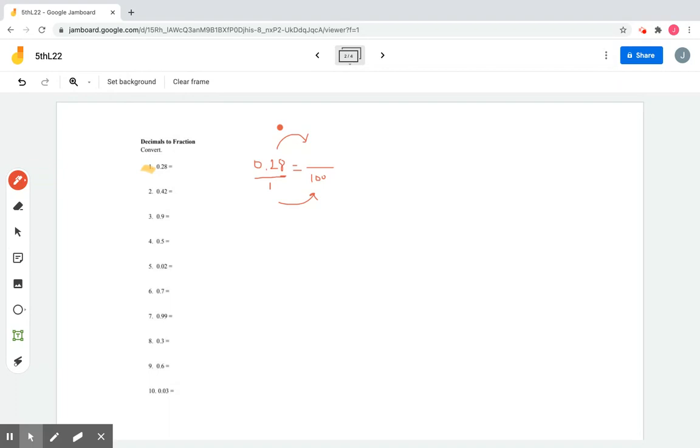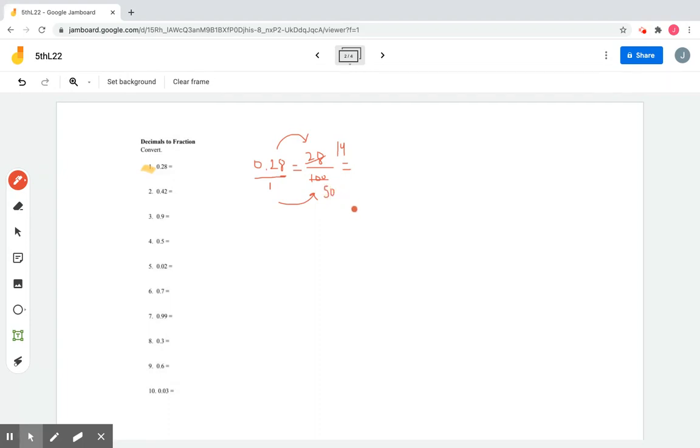So 0.28 multiplied by 100 is 28. So it will be 28 over 100. But then I have to reduce it. So I'm going to divide them by 2. So 28 divided by 2 is 14, and 100 divided by 2 is 50.